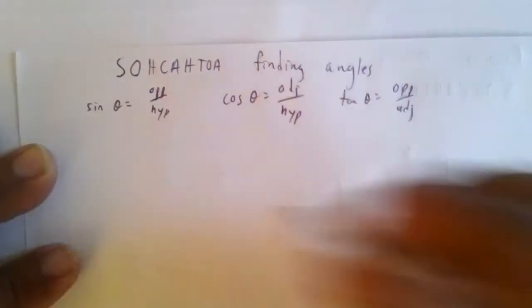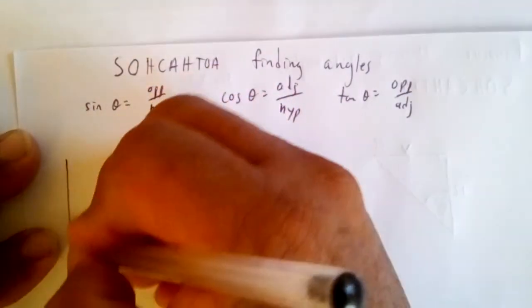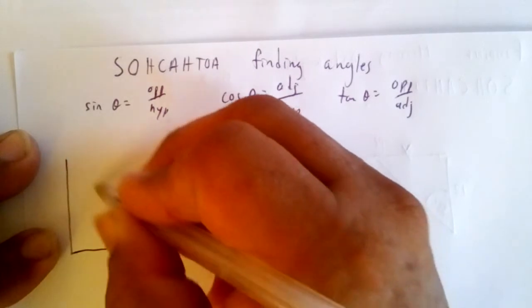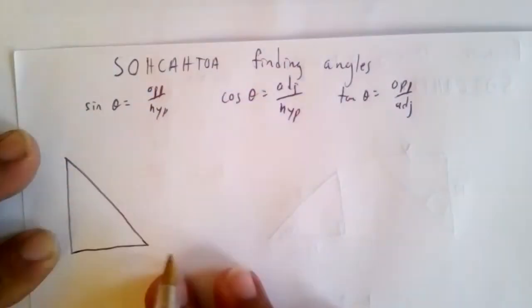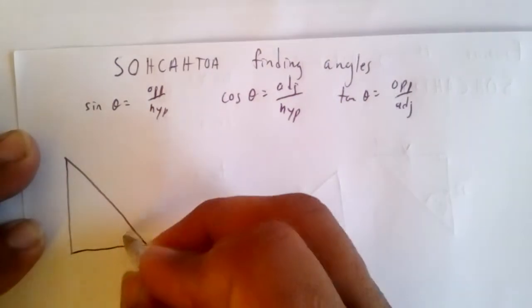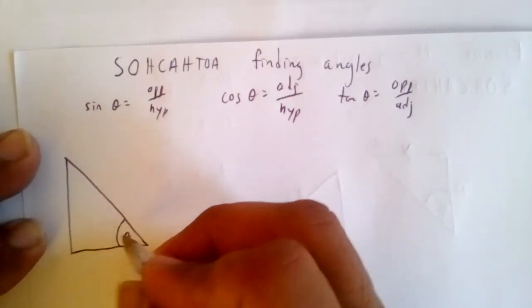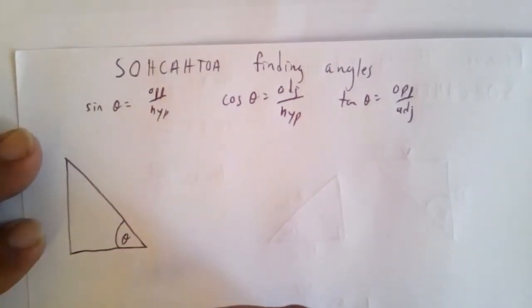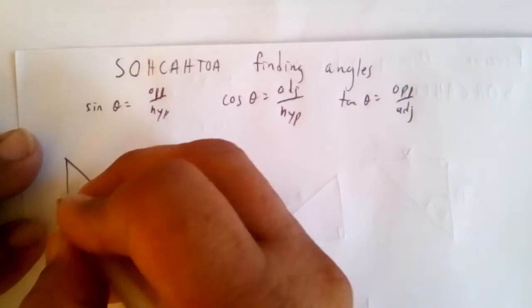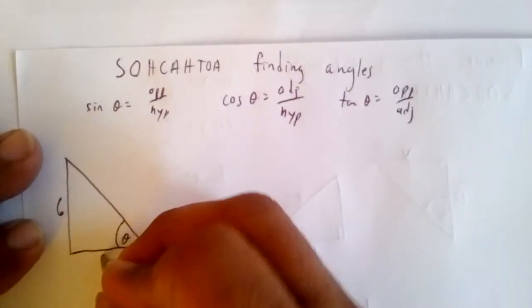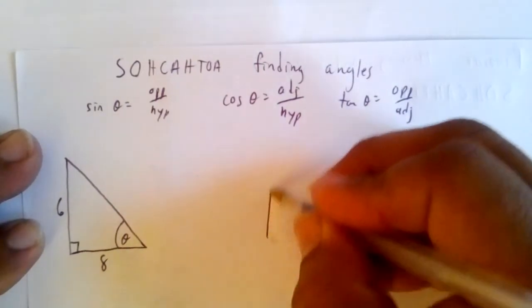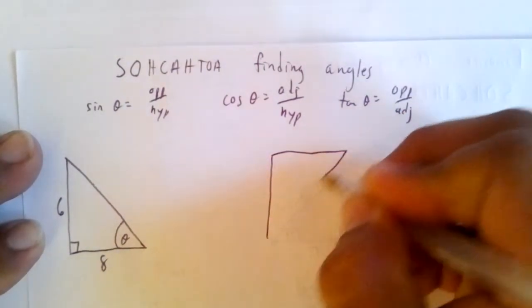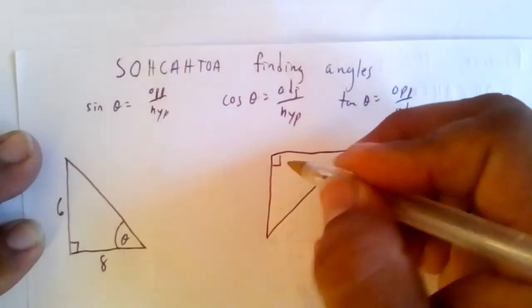All right, so given a triangle, let's give three examples. This is when you're given two sides. So finding angles given two sides is as follows. Let's say this is the angle, and they may use whatever symbol they want. So let's put here maybe 6 and 8. This needs to be a right angle. Let's put a next one here. Let's consider that they are all right angles.